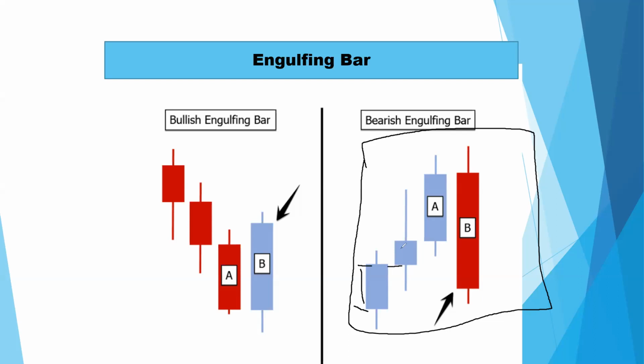Tuesday, price opens and it's still going up. Wednesday, price is still going up. But on Thursday, the sellers come in and say, hey, that's enough, and they push price all the way back down and really engulf it. So this engulfing bar is often used as a reversal pattern, because price is no longer going up. Sellers have come in and changed the direction of the price, and hence a reversal has formed.